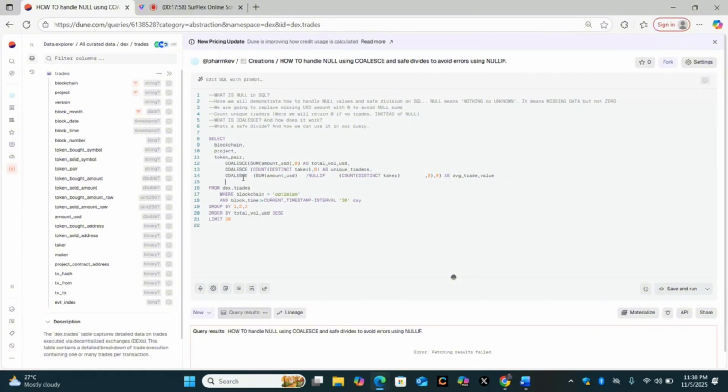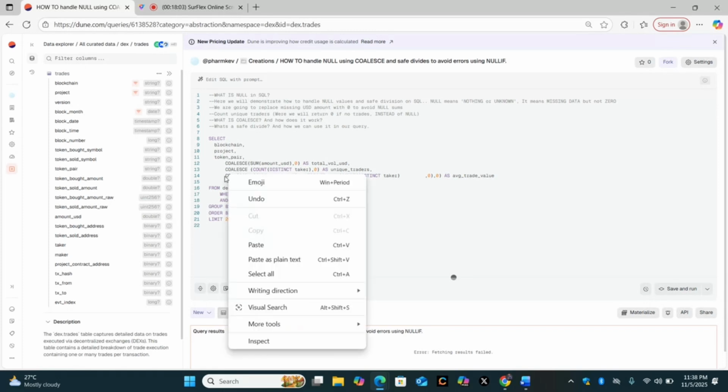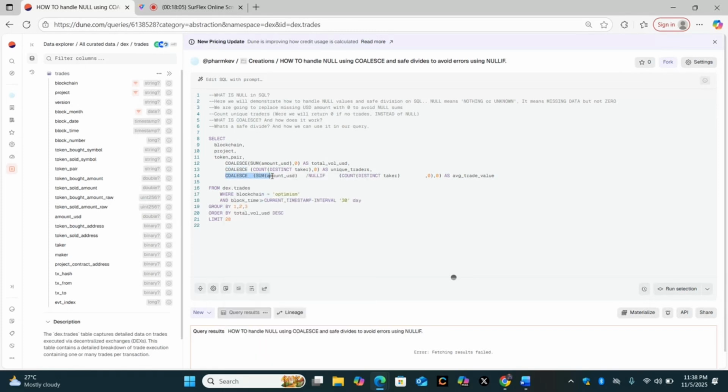So we'll be having something like this, divided by... So if this is 0, okay, 0 comma 0, it means that if it is 0, impute null.